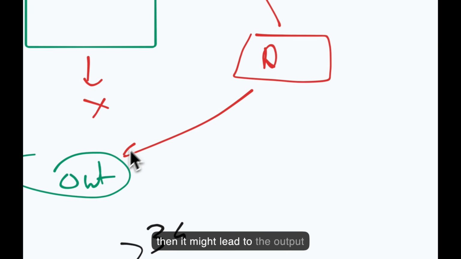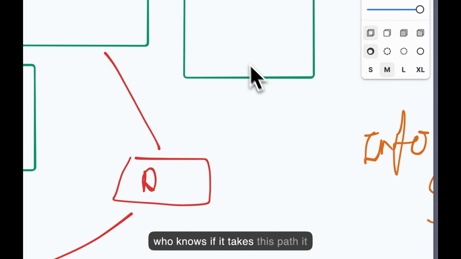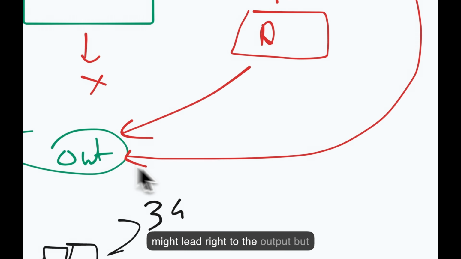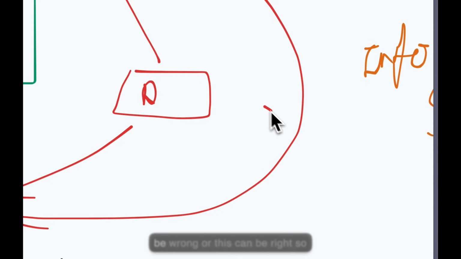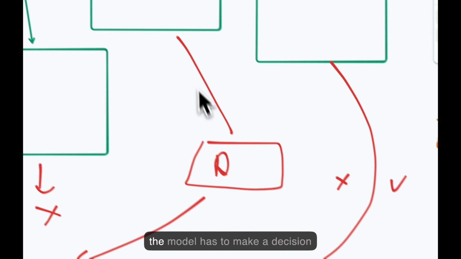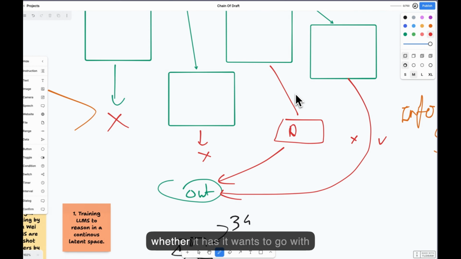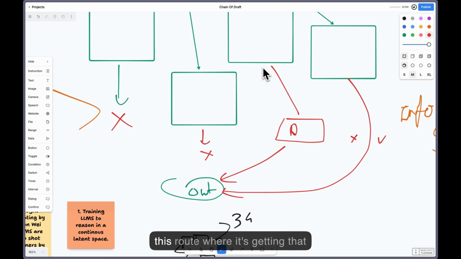Then it might lead to the output. Who knows, if it takes this path, it might lead right to the output. But there's a chance that this might be wrong or this can be right. So the model has to make a decision whether it wants to go with this route where it's getting that extra clarity, or whether it wants to take the shortest path possible. This is how tree of thought prompting basically works.